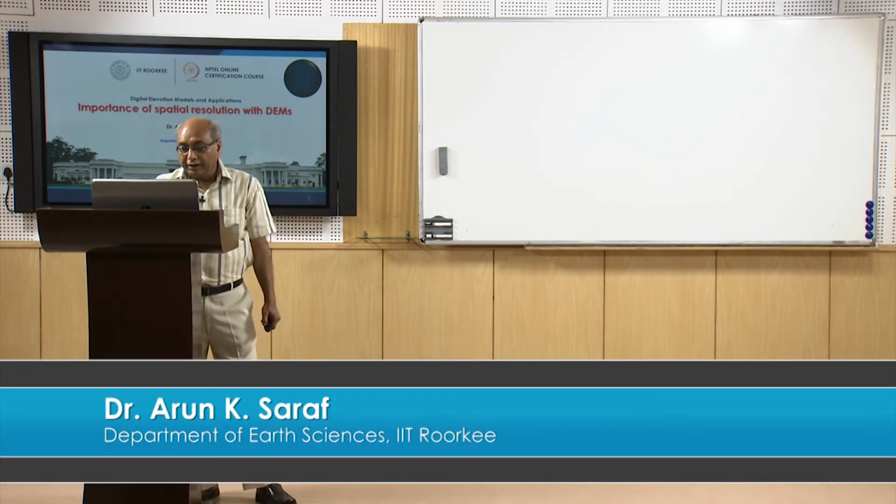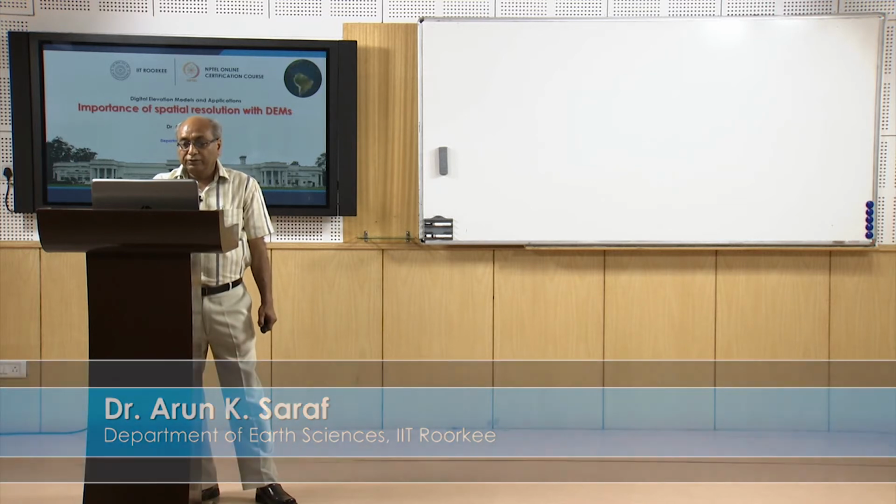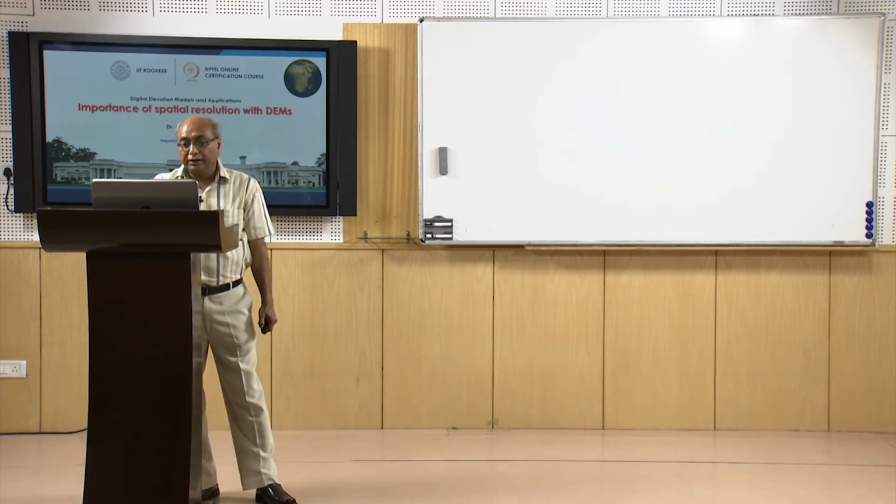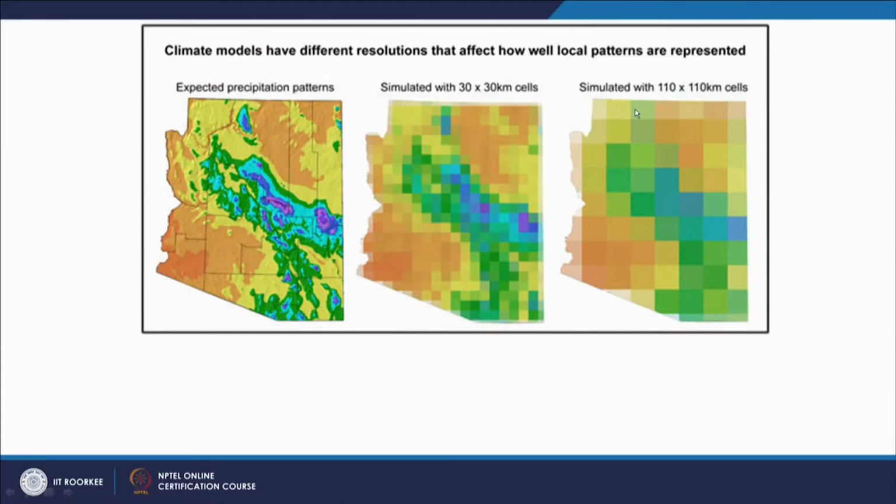So if we take the rightmost image first, we see the spatial resolution is 110 kilometer. So each cell is representing a 110 by 110 kilometer area. For climate models, sometimes we may use this because 110 may become roughly a 1 degree cell.